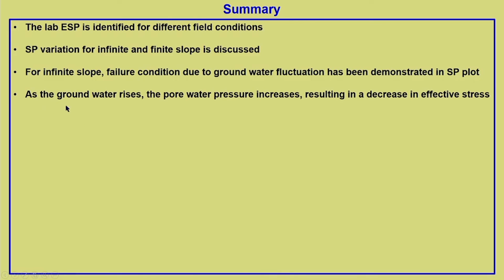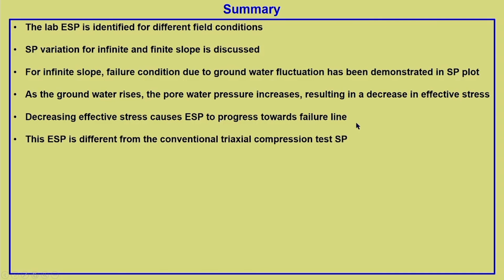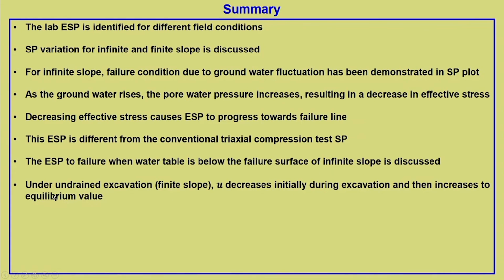We have seen that as the groundwater rises, the pore water pressure increases, resulting in a decrease in effective stress, and that causes the ESP to progress towards the failure line. This ESP is different from the conventional triaxial compression test stress path, and that we have already seen in this lecture. The ESP to failure when the water table is below the failure surface of infinite slope is discussed.